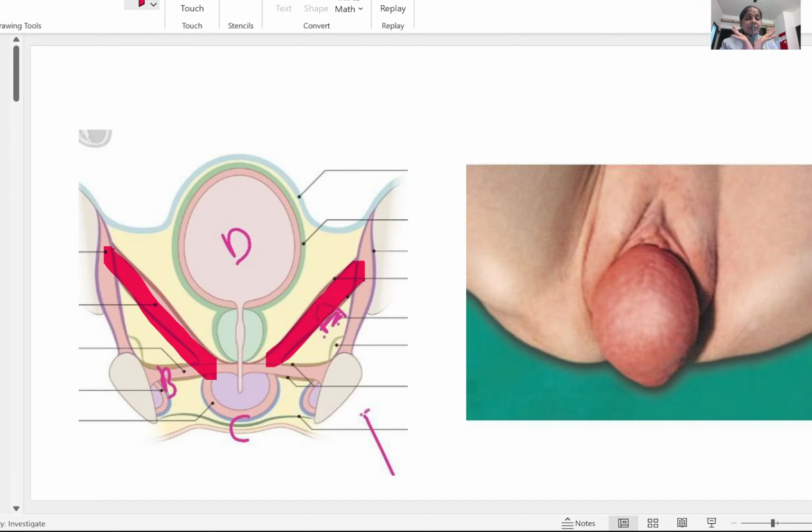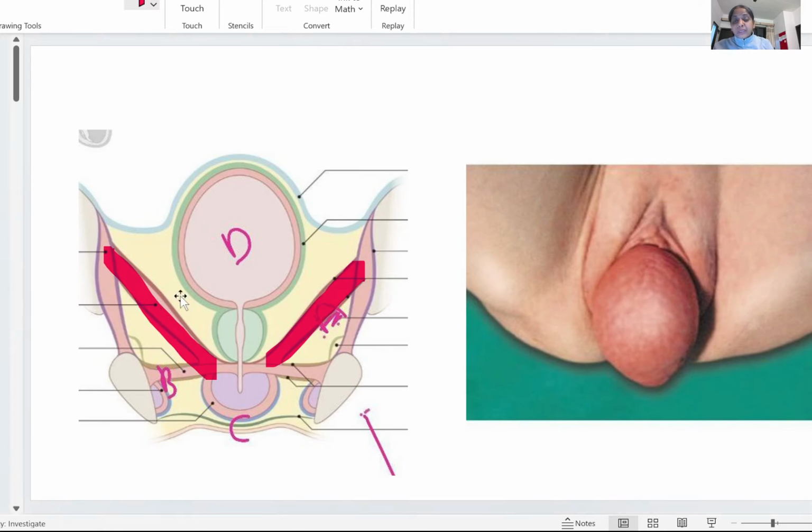If this pen of mine is the uterus, the levator ani holds it like this, and it is also making the pelvis which we studied in obstetrics. The levator ani is also making the floor of the pelvis.